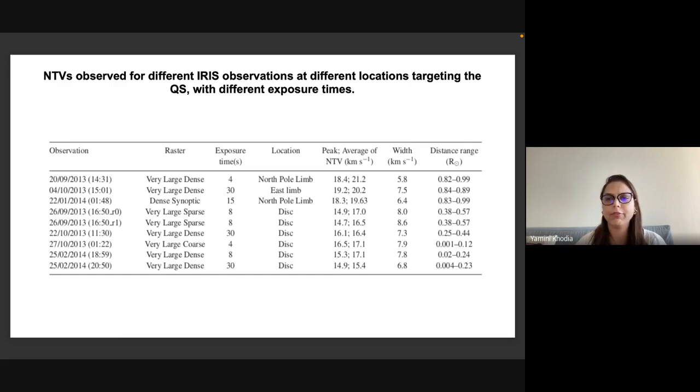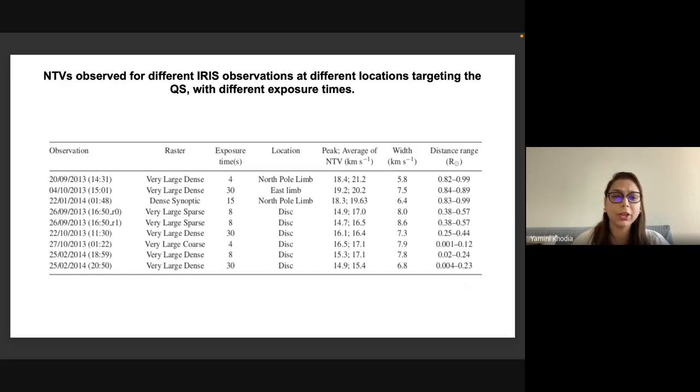The radial distance of these observations varies from near the disk center to up to 0.6 or so. And as you can see, all these observations have different exposures in the third column. Even the limb observations have different exposure times, and all the disk observations also have different exposure times.